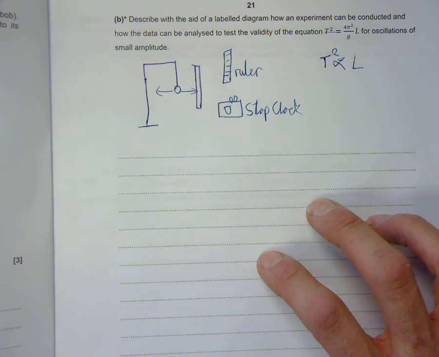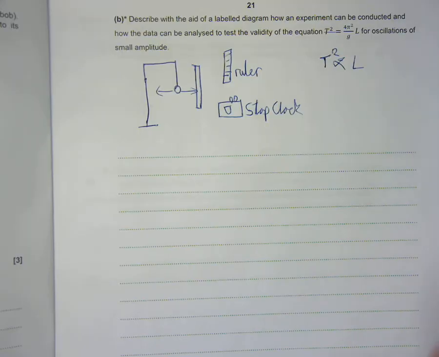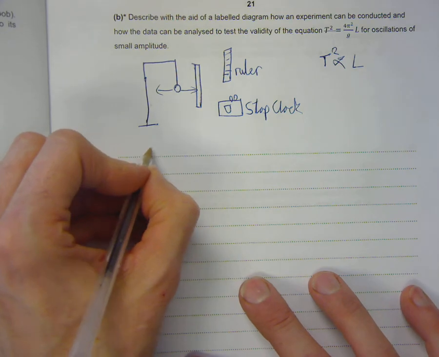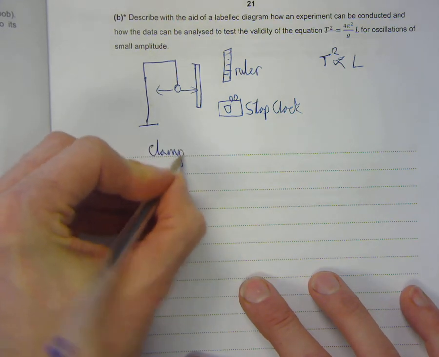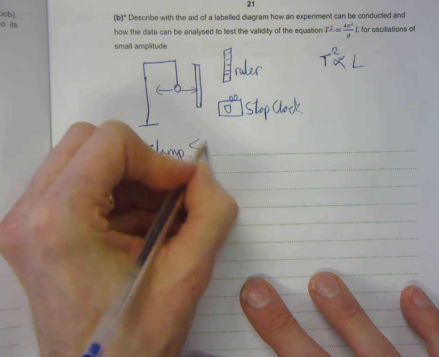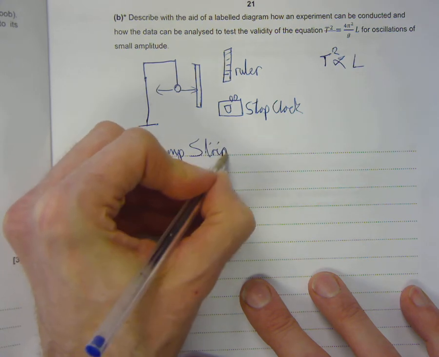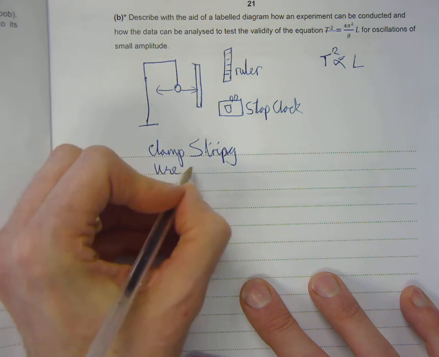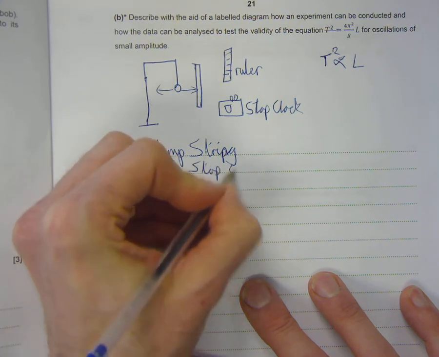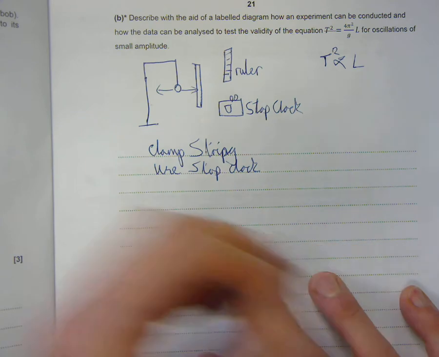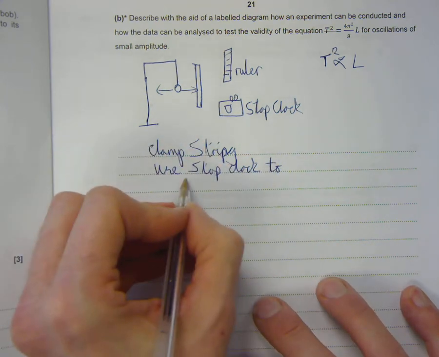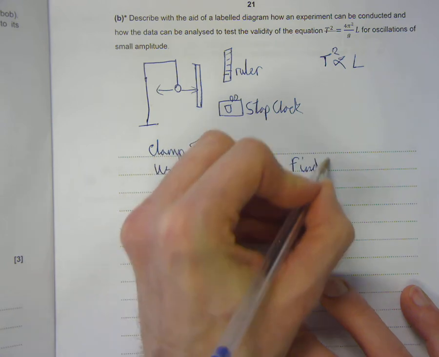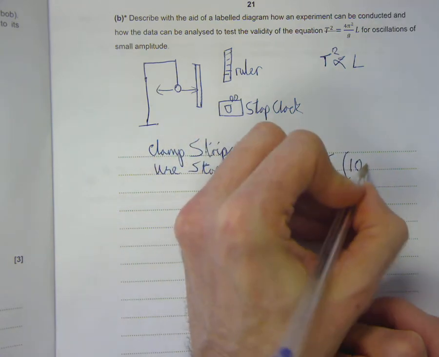Now, how to get the marks? Describing, so you can now clamp the string. Use the stop clock. Well, how many oscillations are you going to do to find t? Maybe 10 oscillations.